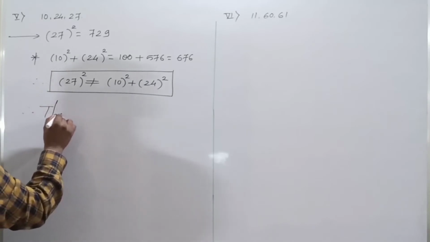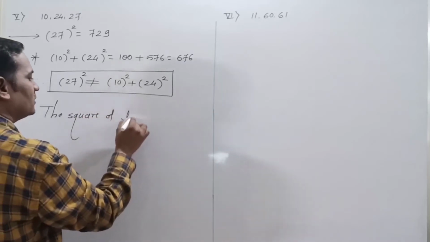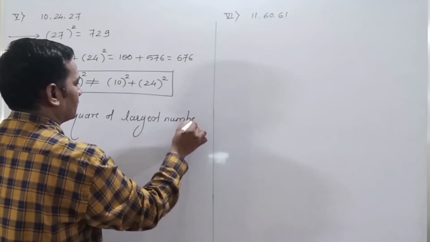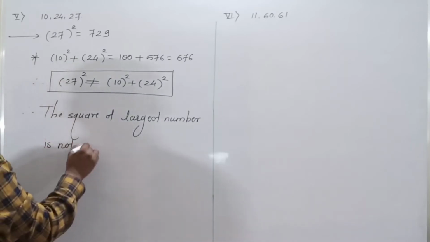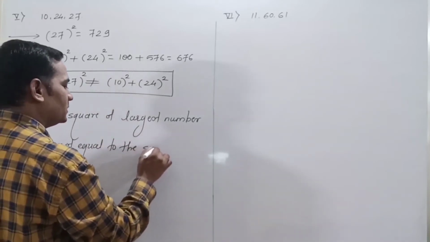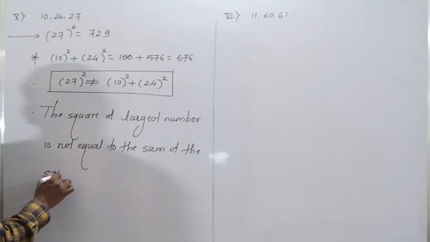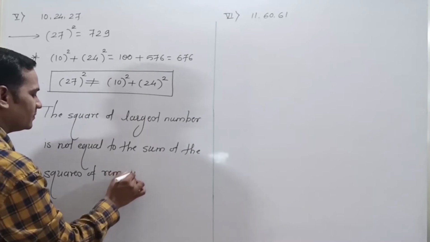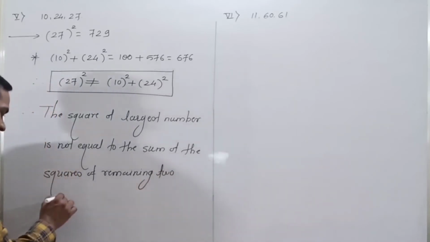The square of the largest number is not equal to the sum of the squares of the remaining two numbers.